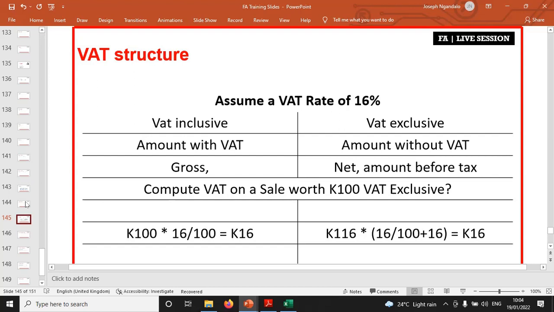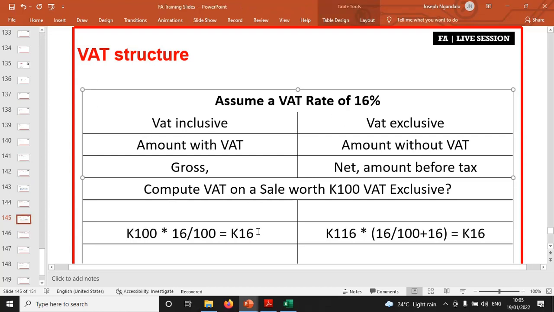Did I put them on the right side? I think I interchanged them. Let me just change my computation here. All right. This is 100 plus 16, right?